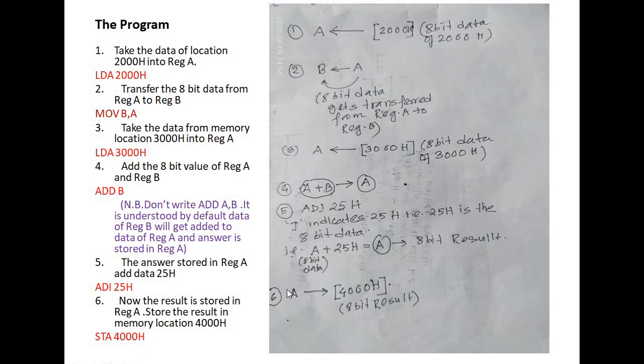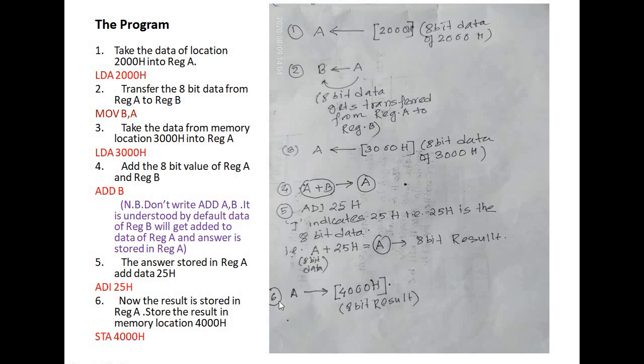So what instruction will we use? STA 4000H, that is, store the content of the accumulator in memory location 4000H. Clear? STA means store the content of the accumulator into memory location 4000H.